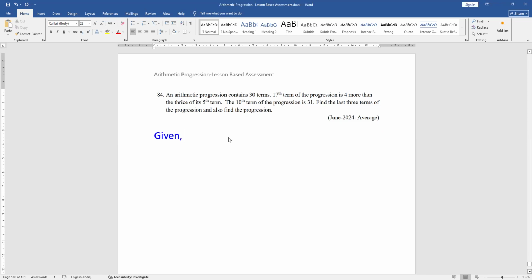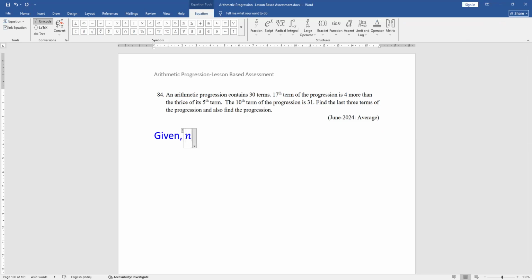That means n equals 30. Then the 17th term of the progression, that is A17, is 4 more than. 4 more than means you should put equals, 4 more means plus. Thrice the 5th term means 3 times the 5th term, that is A5.